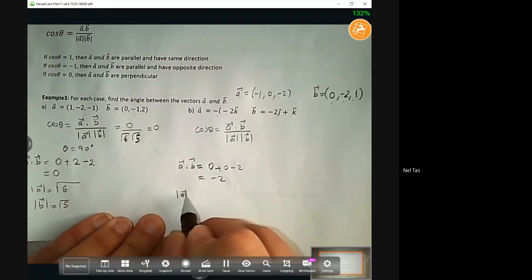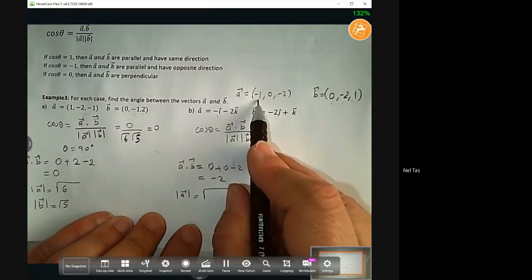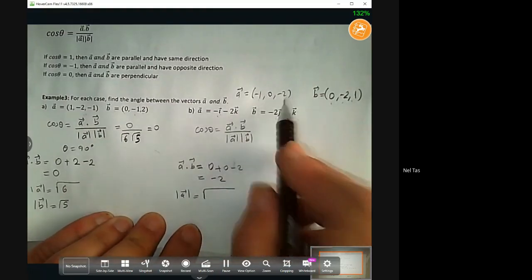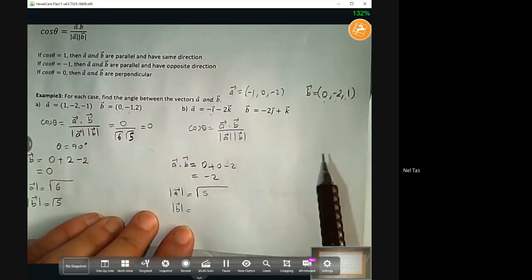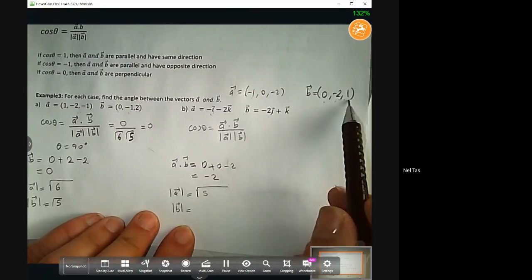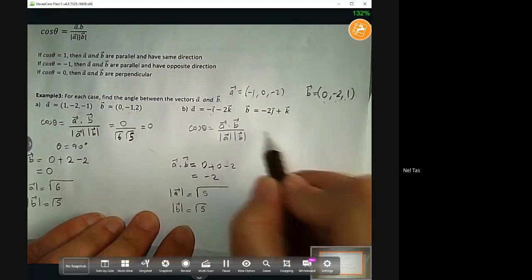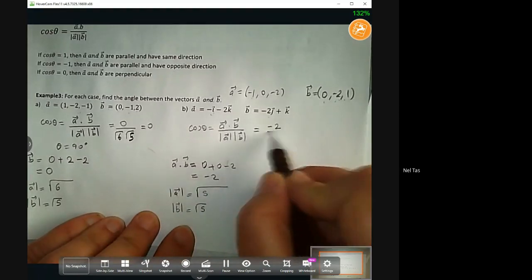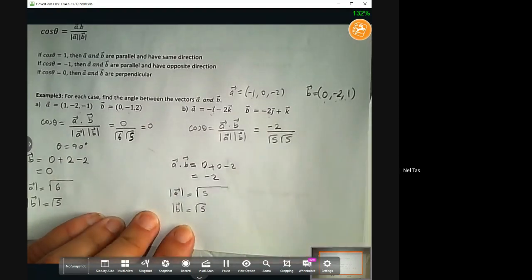So let's calculate the magnitude of A. Square of 1 is 1, square of 2 is 4, so root 5. So magnitude of B. 2 squared is 4, 1 squared is 1, so root 5. But then we have -2 over root 5 times root 5 here.